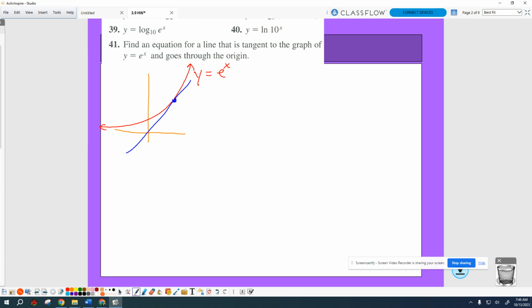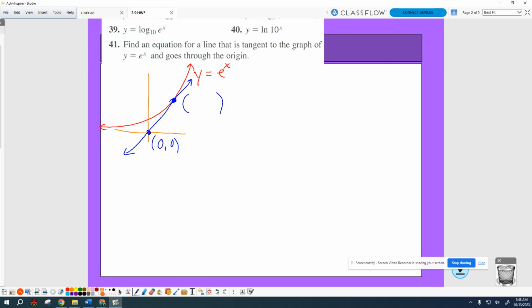So I need to know the slope of the blue line and the coordinate where the blue and the red hit. And find the derivative. Okay. So do I know this coordinate?